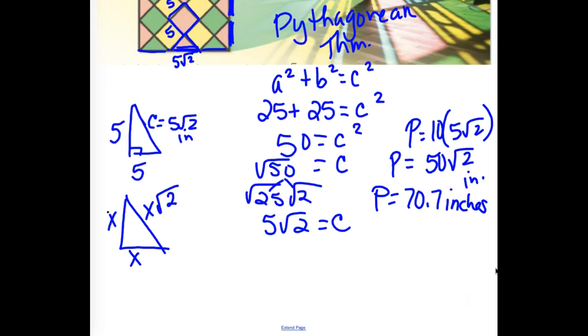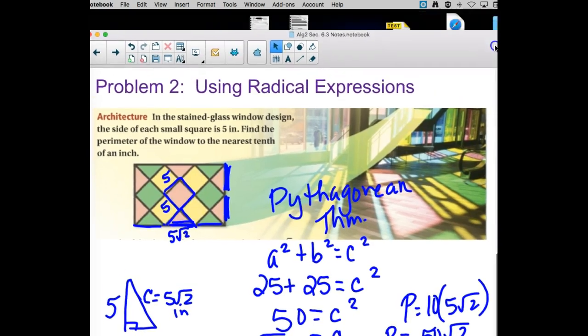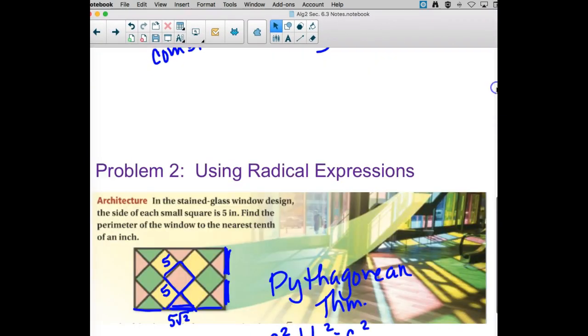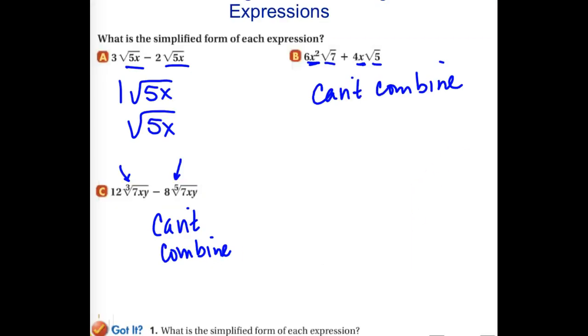All right, looking back at the types that we've been adding together, when the radical part didn't match, we said we can't combine them, correct?